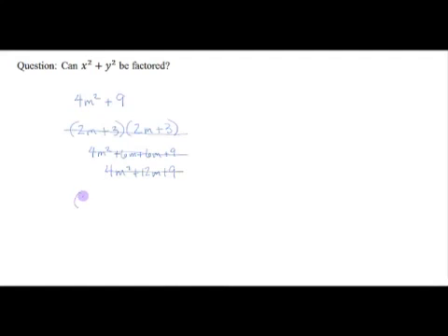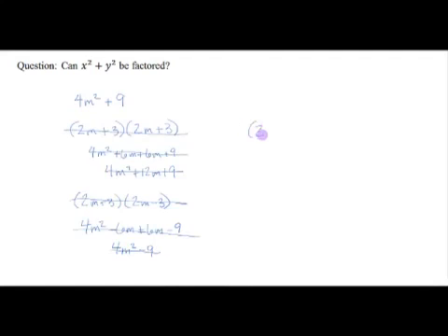Let's say that we tried 2m plus 3 and 2m minus 3. If we do that, we have 4m squared for the first term, a negative 6m, a positive 6m, and a negative 9. Collecting like terms, the middle goes away like I want, but I have a negative 9, not a positive 9. So this can't be the way to factor that either.